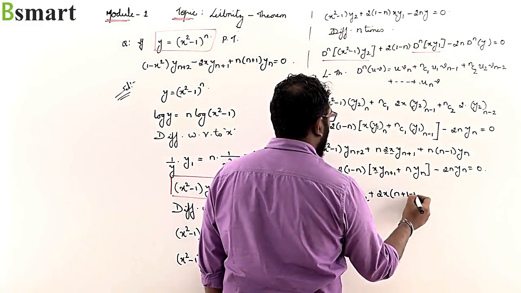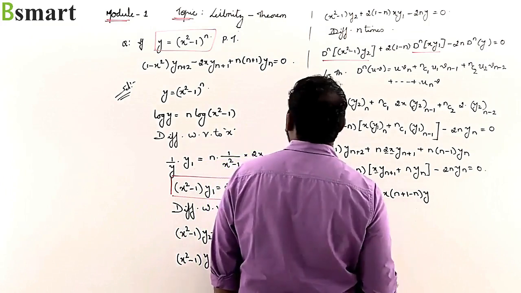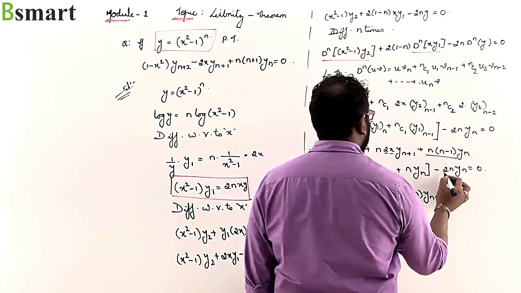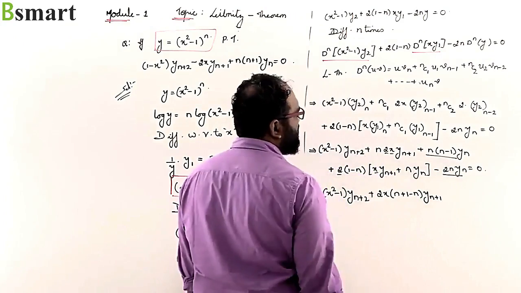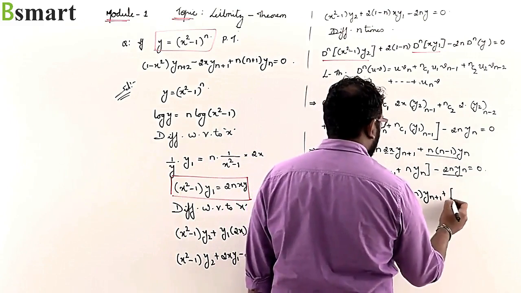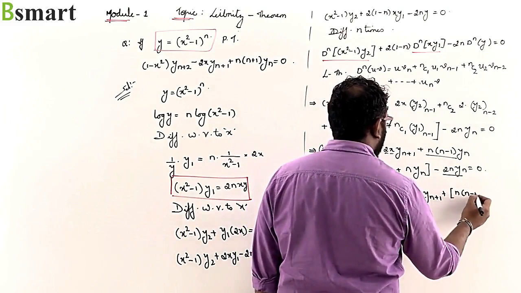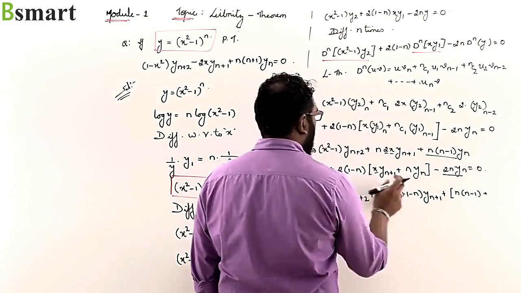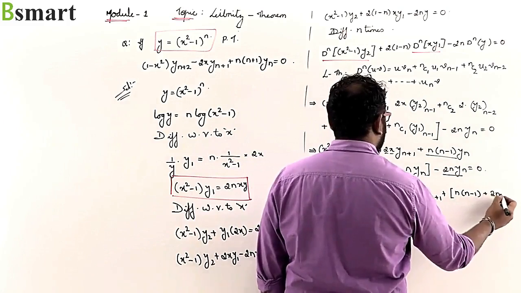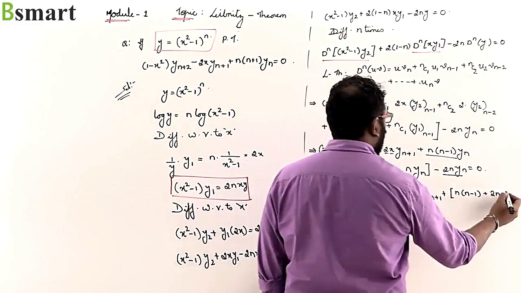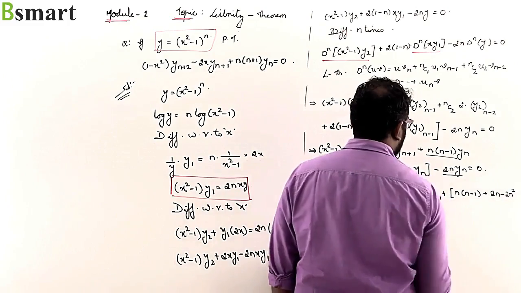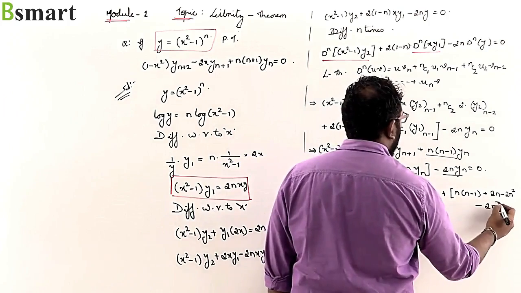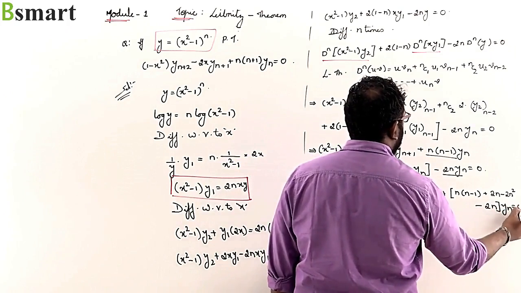So plus (1 minus n) into y(n+1), and again from these three terms, if we take yn out common, that is n into (n minus 1), here plus 2n minus 2n square into yn, again minus 2n into yn is equal to 0.